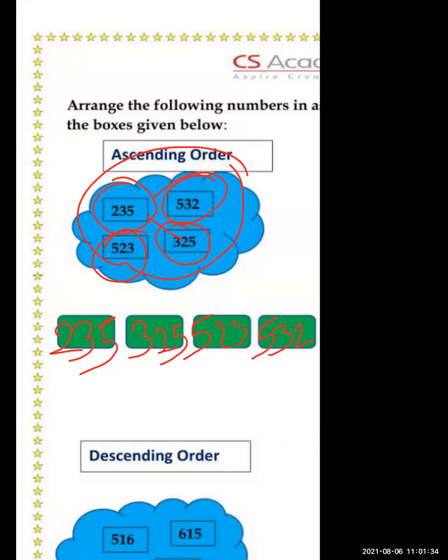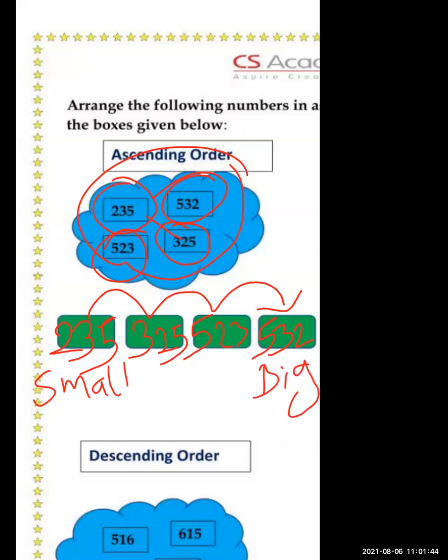So we step forward to the biggest number. We start from the small number and end at the big number. It is called ascending order. It means we are arranging the numbers in ascending order. I hope everyone understands ascending order.